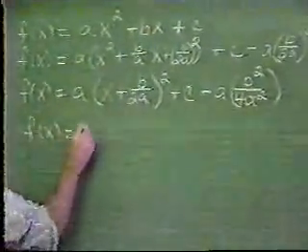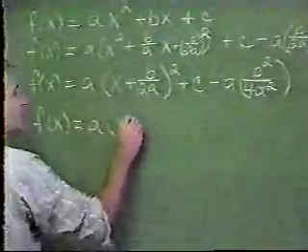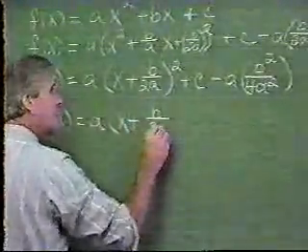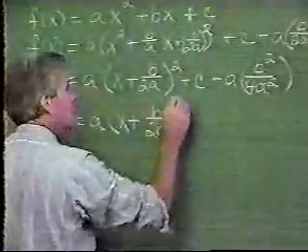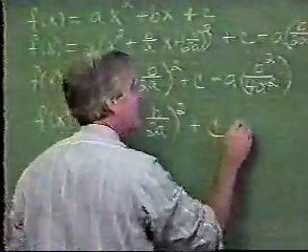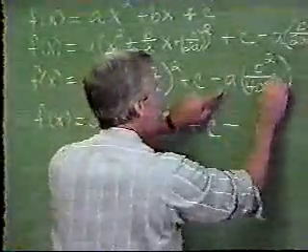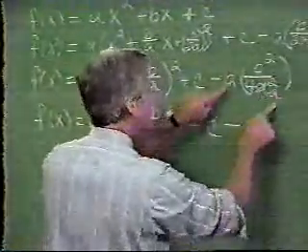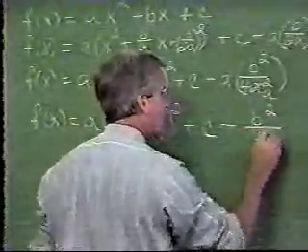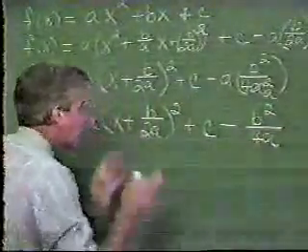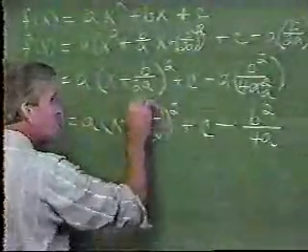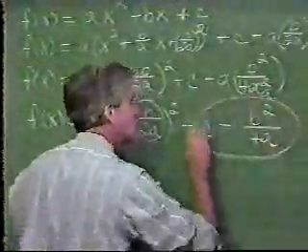And as I do, now begin to identify the h and k, the identity of the vertex. You see, because here I'll have c minus, now these a's go out, and I'm left with an a down in the denominator. So this is b squared over 4a. Now my h and k, the h is here, the k is all of this.